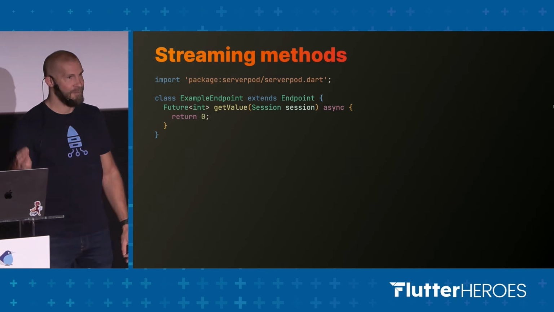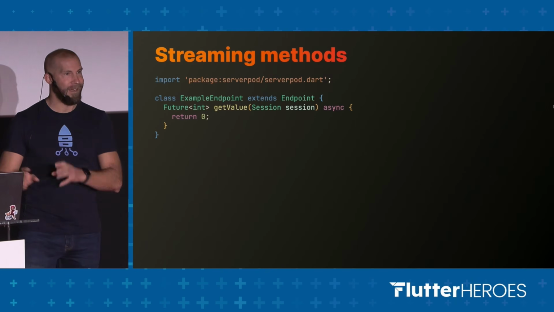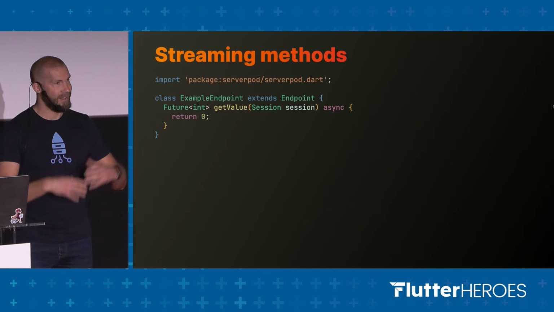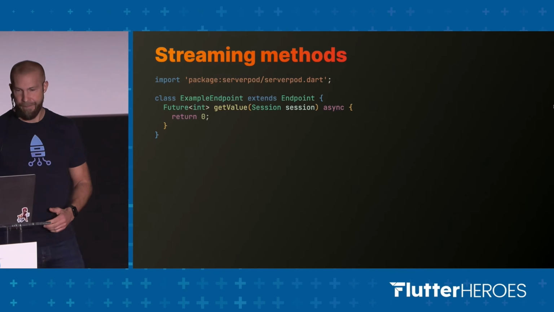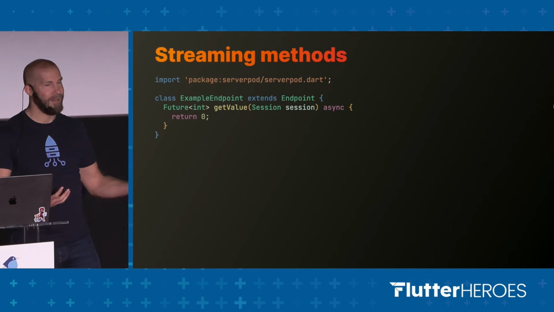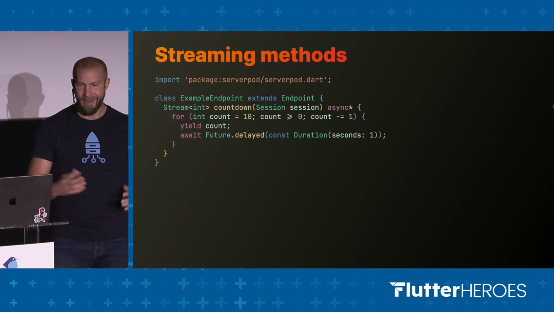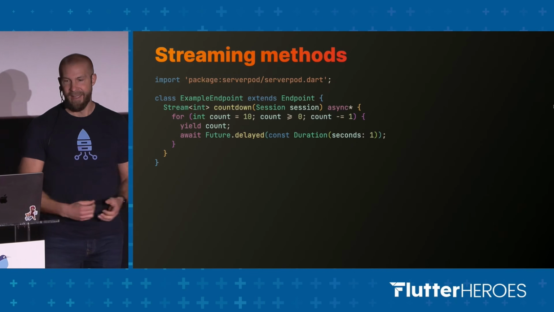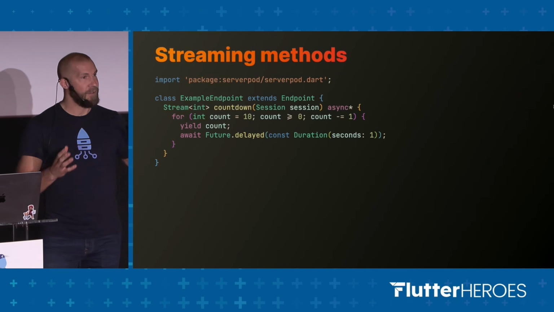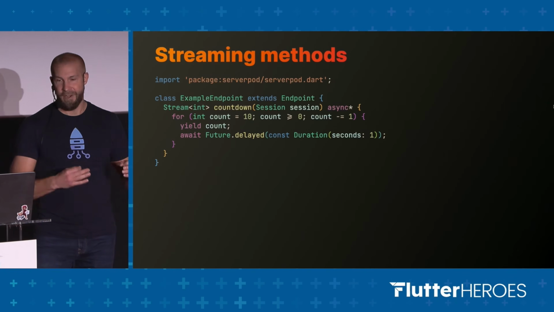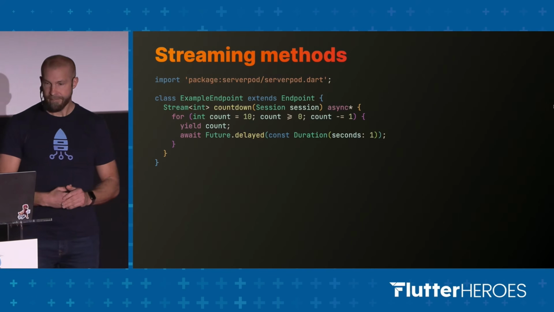So we're back to the very simple example here with just returning a future int to get a value. How does this look if we're making it a stream instead? So we rename it into a countdown method. And instead of just returning a future int here, we return a stream of ints.